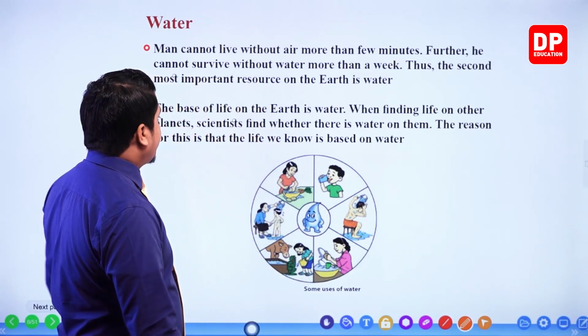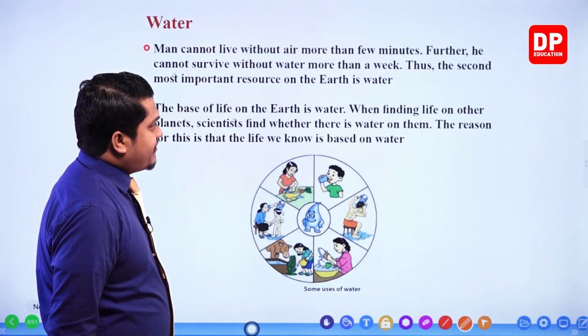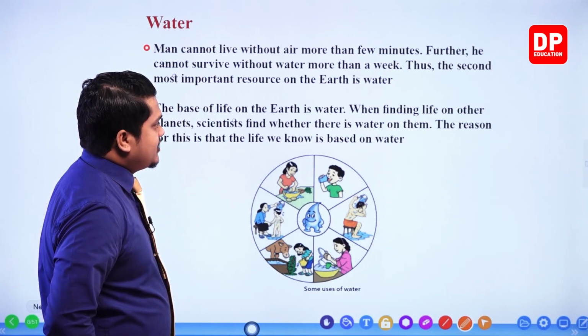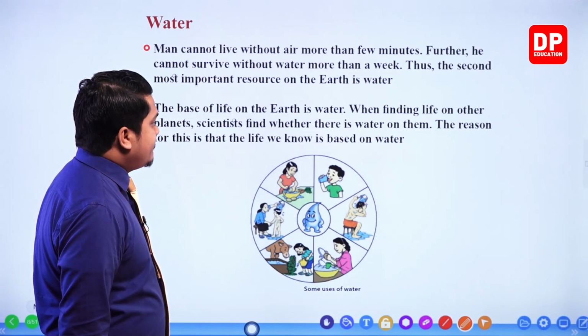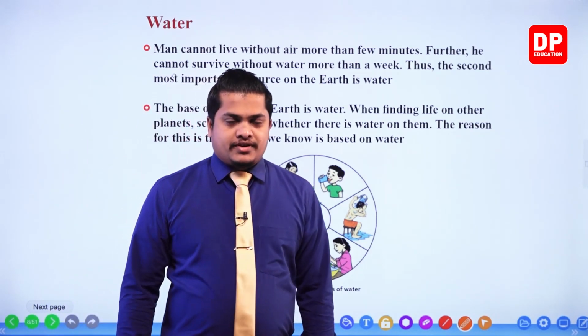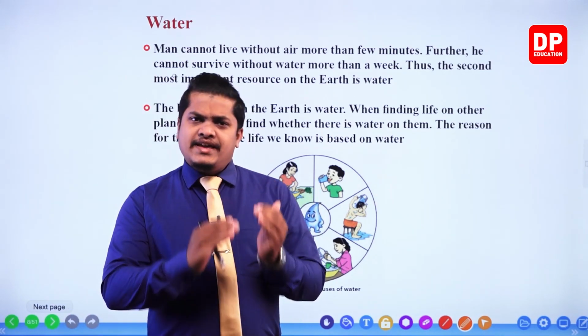So here, the base of life on the earth is water. When finding life on other planets, scientists find whether there is water on them. The reason for this is that the life we know is based on water. So like I said, my dear children, the life that we know, actually what is the meaning of life, my dear children?